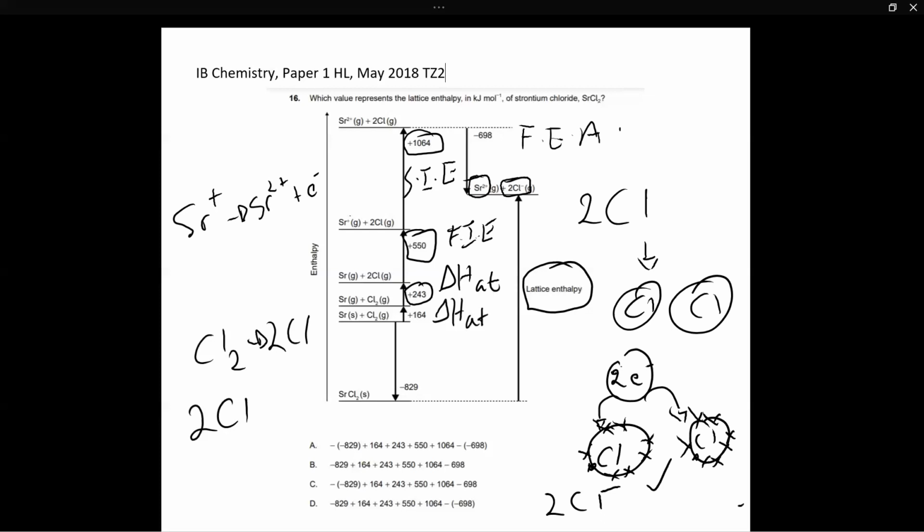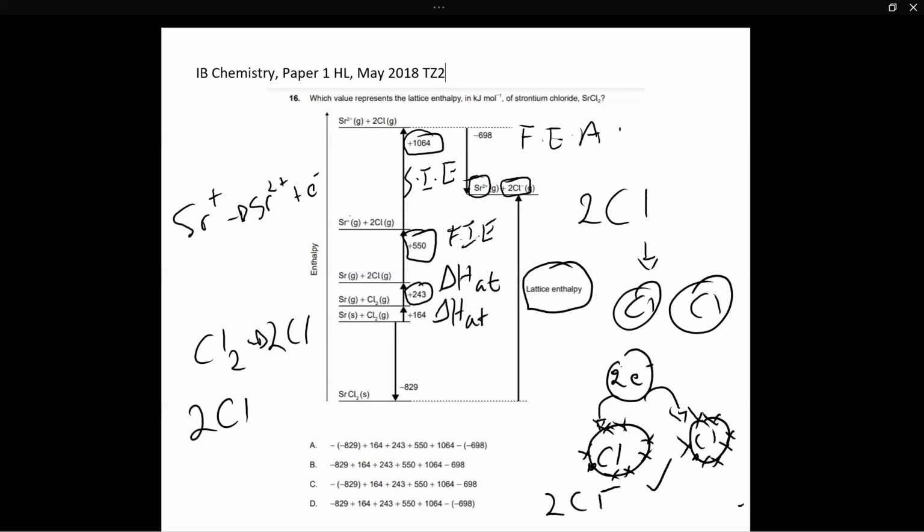We have broken apart an ionic compound into its constituent gaseous ions, right? We have formed the ions under gaseous conditions, and this is basically the whole process. It's step by step, like a recipe. The first thing you do, you atomize both the atoms in the compound. You atomize Sr, you atomize chlorine, then you remove the electrons from the positive ion, which would be Sr in this case.